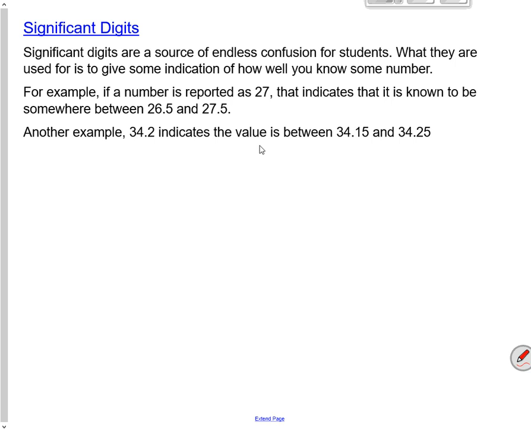So, for example, if a number is reported as just 27, that indicates it's known to be somewhere between 26.5 and 27.5. Right? If instead I said something was 34.2, I've measured it down to that 0.2, so I know it's somewhere between 34.15 and 34.25.